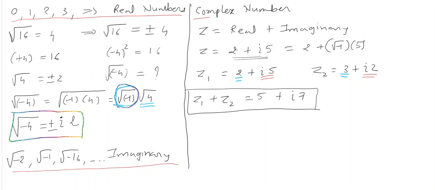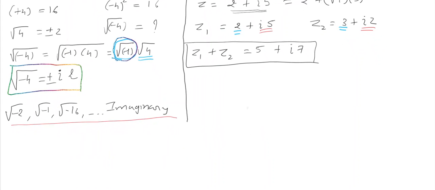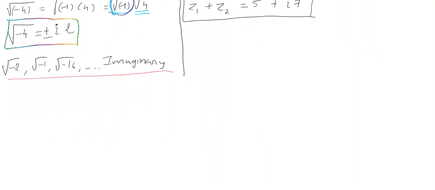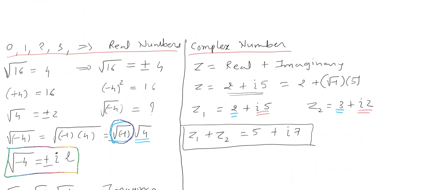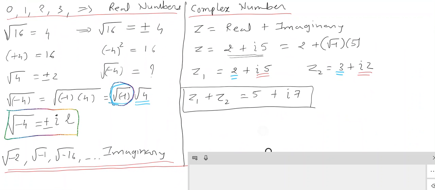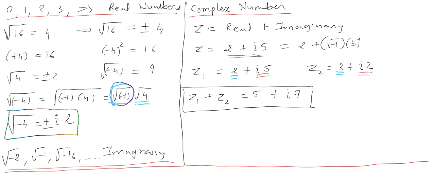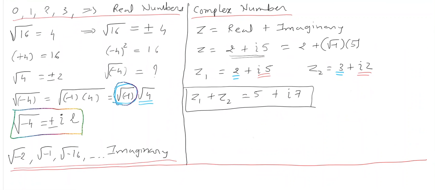So this is a complex number. What is a complex number? A number in which you have a real part and an imaginary part both. Now what we need to know about complex numbers at this stage is the different ways of expressing a complex number. First thing, how do we multiply complex numbers? Addition is very simple, but in multiplication we should be careful about certain things.